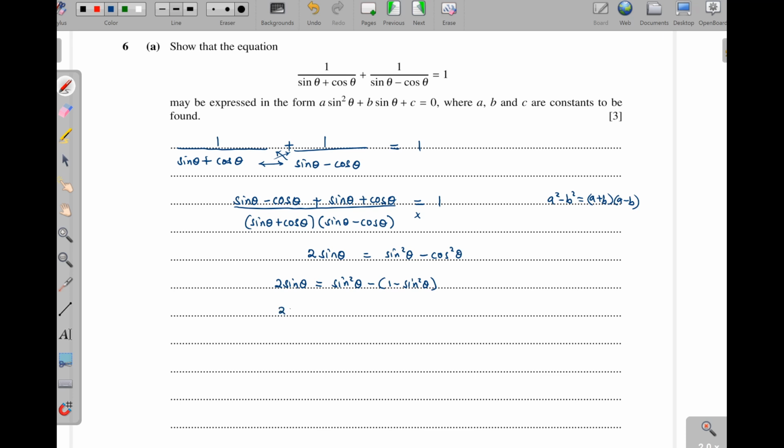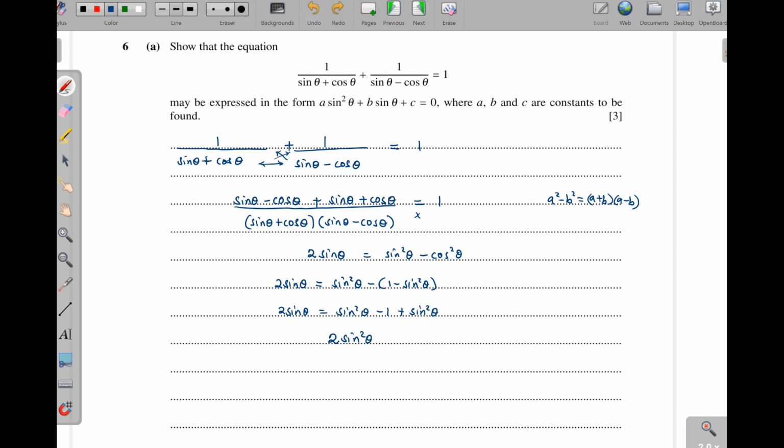So we have 2 sine of theta, which is equal to sine squared theta minus 1, then plus sine squared theta, because the negative affects this negative, right? Or whatever is in the brackets. Then this is 2 sine squared theta.